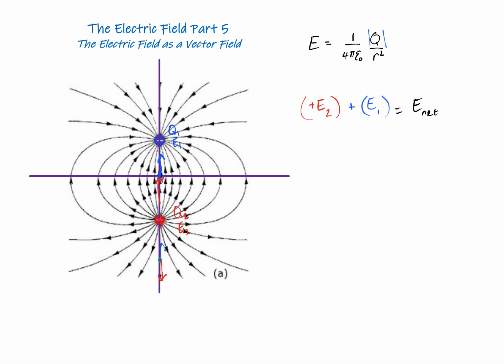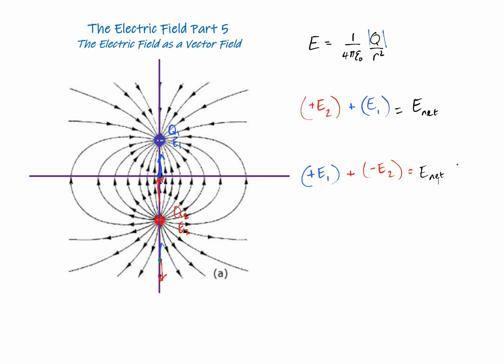So you can see that in this region right here, there's an opposite direction for the two. So when I write this, I can see E1 is positive because it's pointing in the positive y direction, but E2 is pointing in the negative y direction. So I would have to do plus negative E2, or just minus E2, and that equals E net at that point.